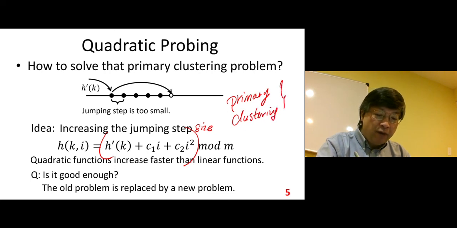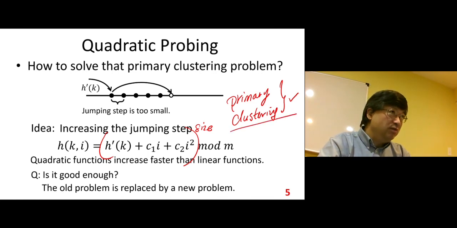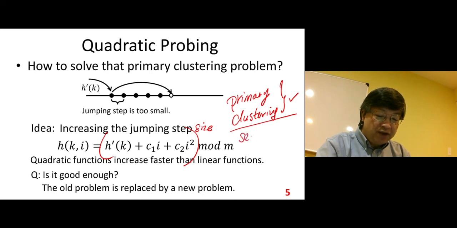This problem is solved, or partially solved, or improved. We can say improved. But there is a new problem called secondary clustering.